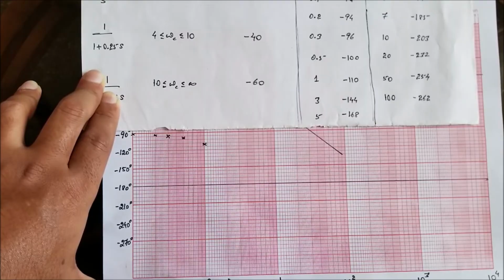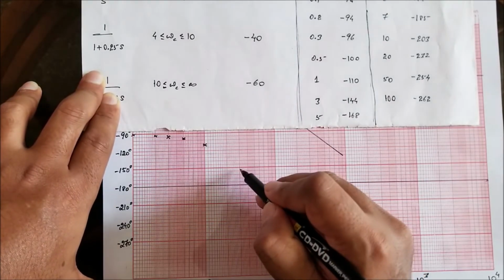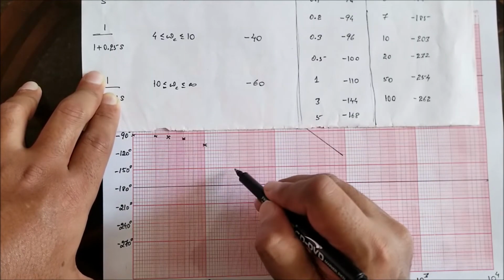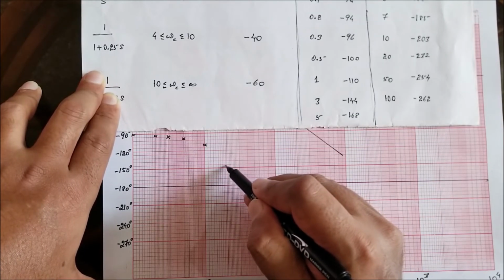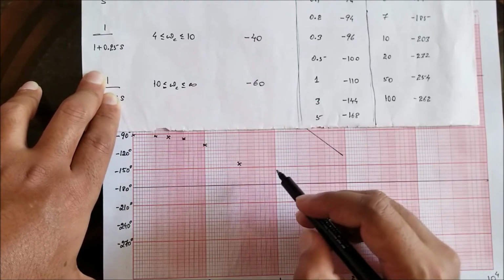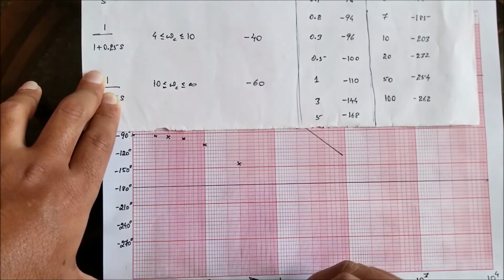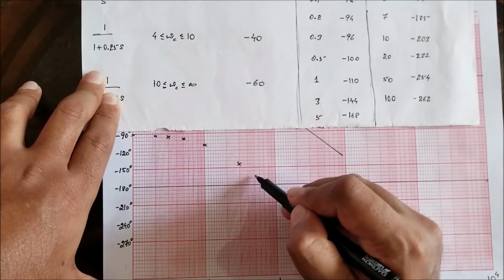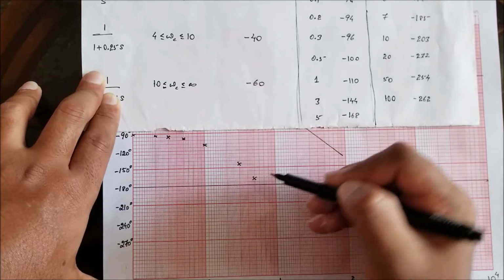Next for 3 radians per second it is minus 144, that is 150 minus 6. Here itself I will get it. Next for 5 minus 168. For 5, 168: 150, 156, 162, 168.